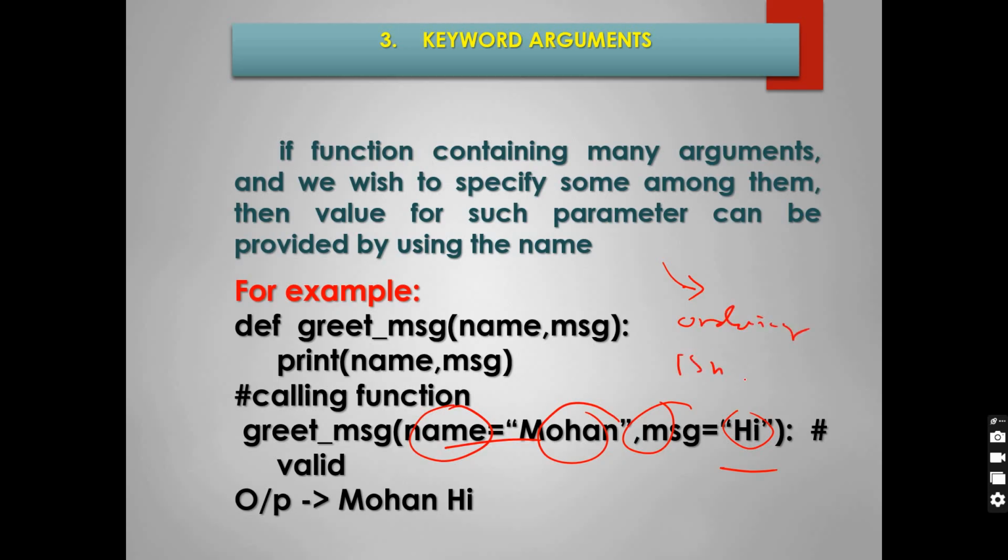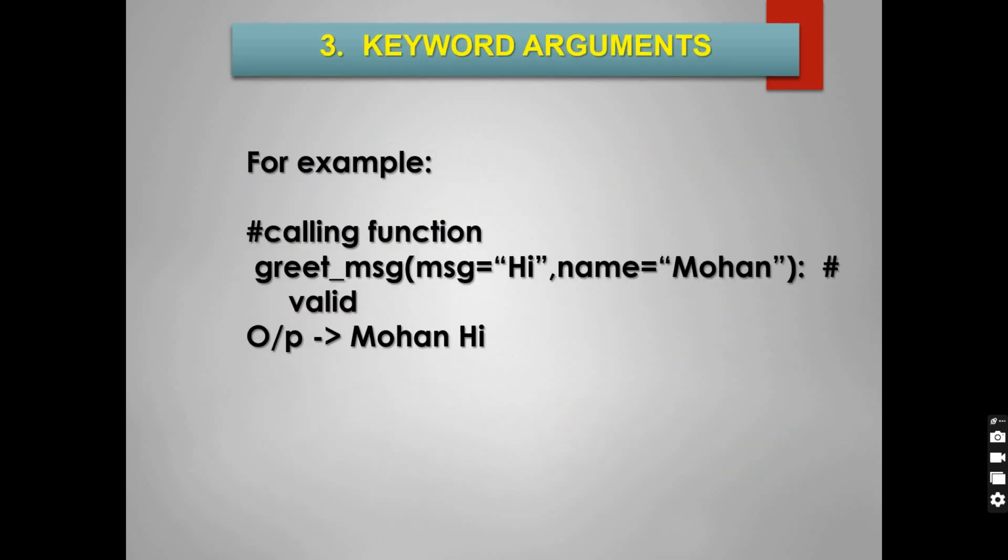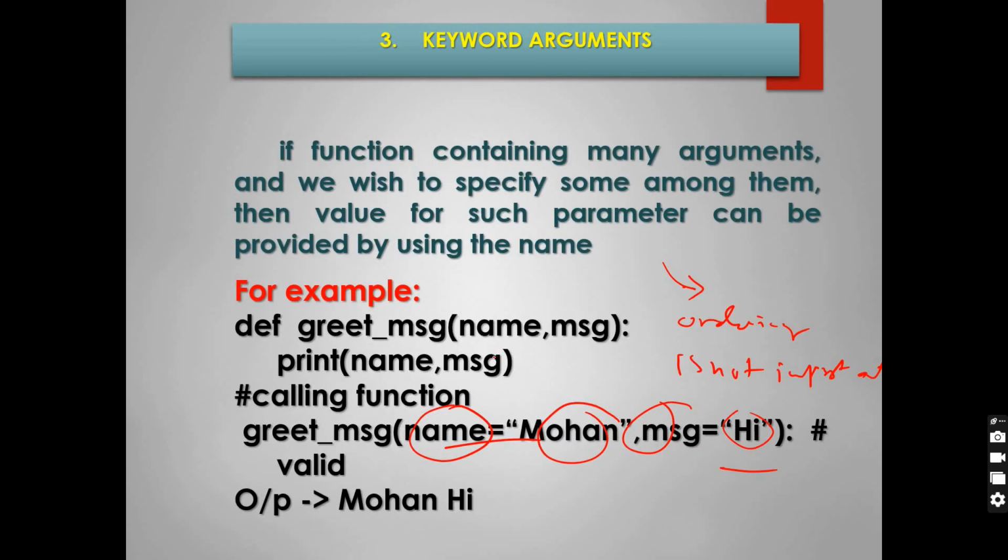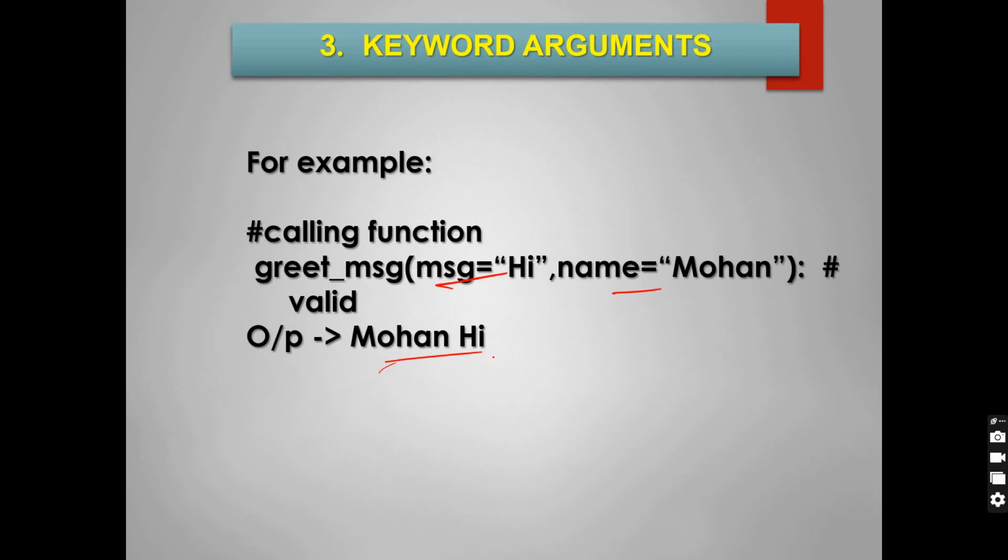We pass the name and the values. In the first, I am passing the message and then the name, so that order is interchanged, but we get the same output. The output is not changed.